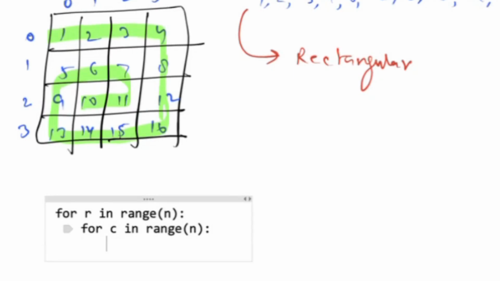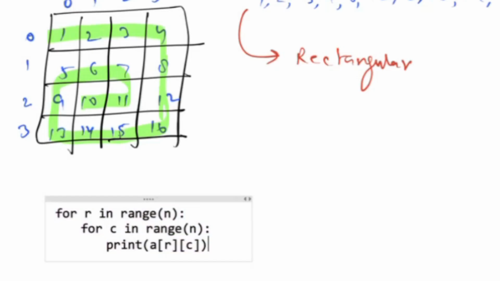Let's say I say print a of r c. So how will the elements get printed? The elements will get printed like 1, 2, 3, 4, 5, 6, 7, 8 like that, right? It means that I'm visiting the first row, then second row, then third row like that, right?